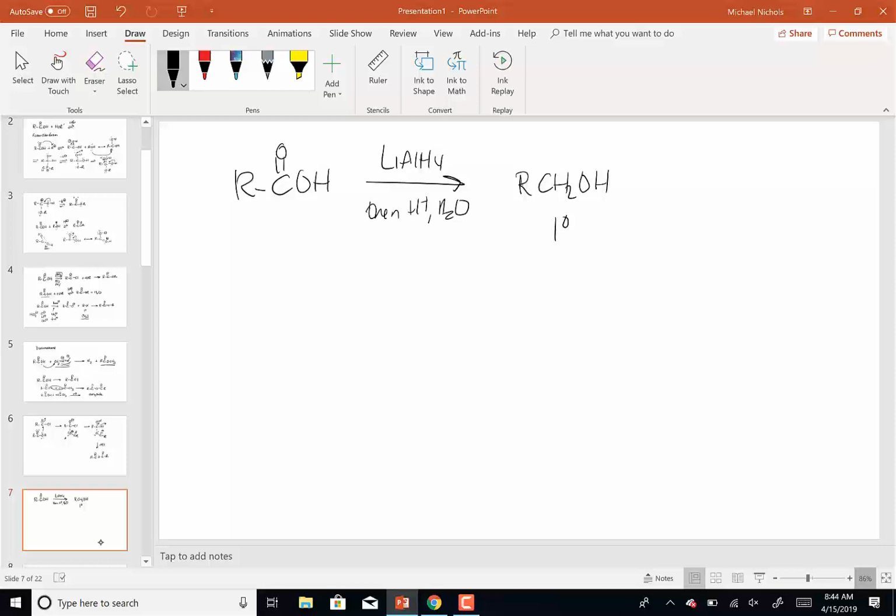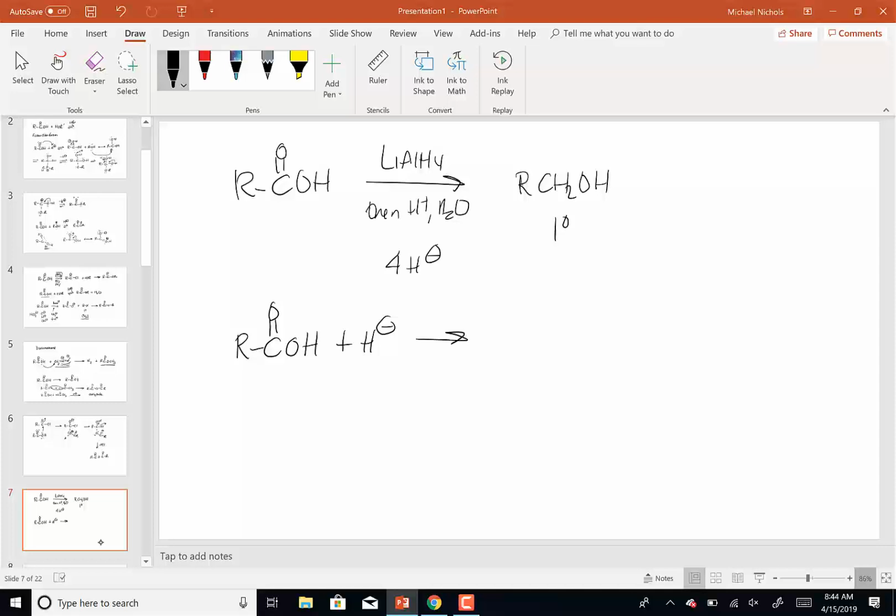Now, the mechanism has a little magic in it. It's really not, but it's something that's kind of new. But before we do that, lithium aluminum hydride has 4 H minuses in it. Okay? So we have to remember that. Lithium and sodium borohydride have up to 4 H minuses. So let me ask, if I'm going to work towards this mechanism, I'm going to react the carboxylic acid with 1 H minus.